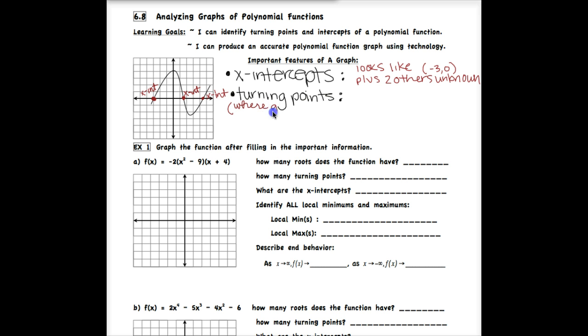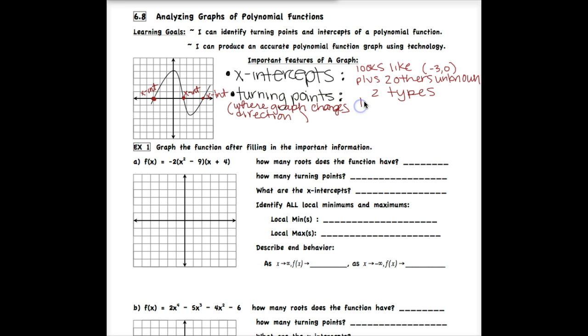So we'll write that down. Turning points are where the graph changes direction. And we have two types. And this vocabulary is going to be very important too. In calculus, you use this all the time. Two types of turning points.